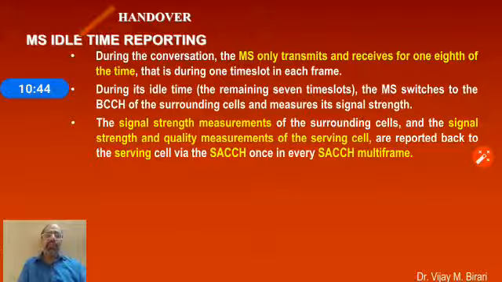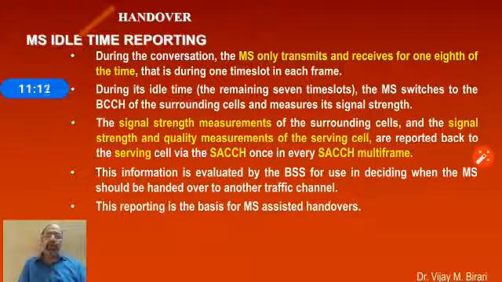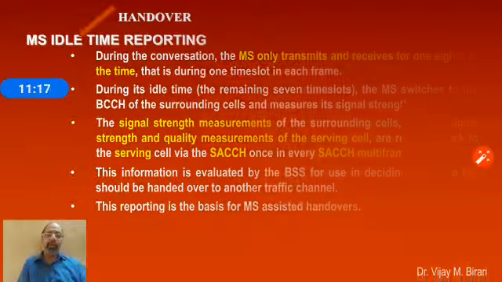The signal strength measurements of surrounding cells and the signal strength and quality measurements of the serving cell are reported back on the SACCH, that is the slow associated control channel. This information is evaluated by the BSS to decide when the MS should be handed over to another traffic channel. This reporting is the basis of MS-assisted, that is mobile-assisted, handover.